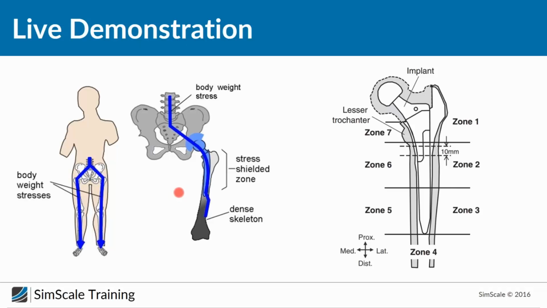And everybody who was involved in mechanics or knows a little bit about the mechanics of composite materials knows that if you have a mix of two materials, the one which is stronger will take most of the stress. And what is happening in the end, you can see it now: if you have a natural hip joint, the body stress will distribute on both legs and the whole bone structure symmetrically.